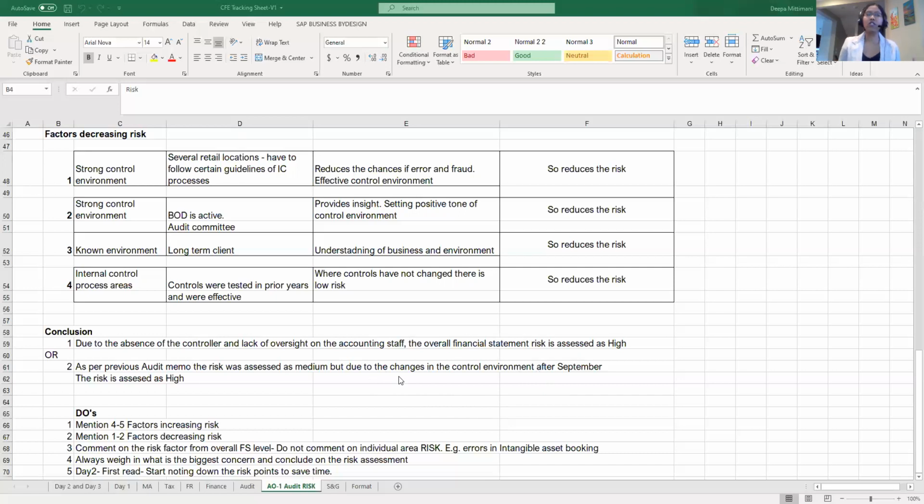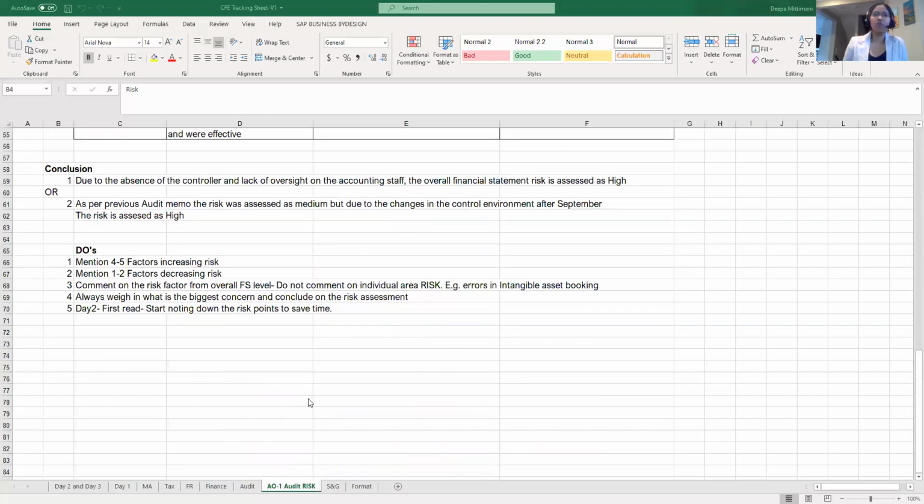Don't conclude only based on your analysis that you are assessing the risk as high. Always comment that it was assessed as low or medium, but due to these changes I'm revising the risk assessment as high.